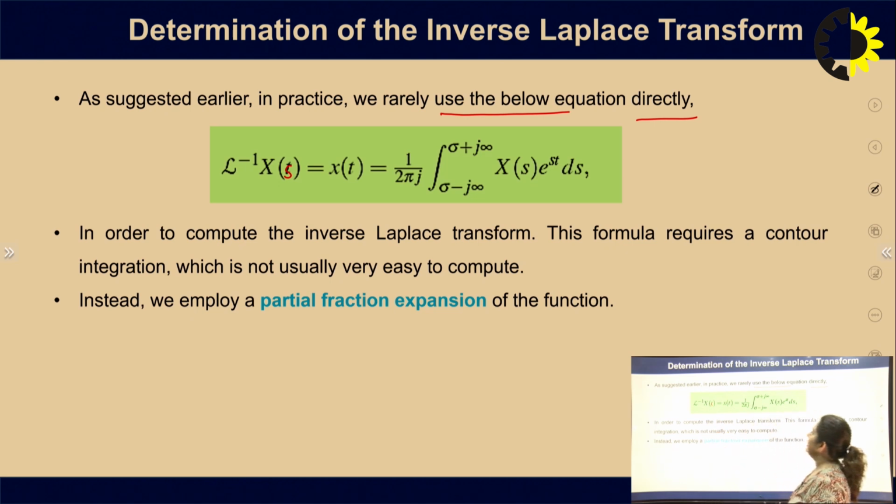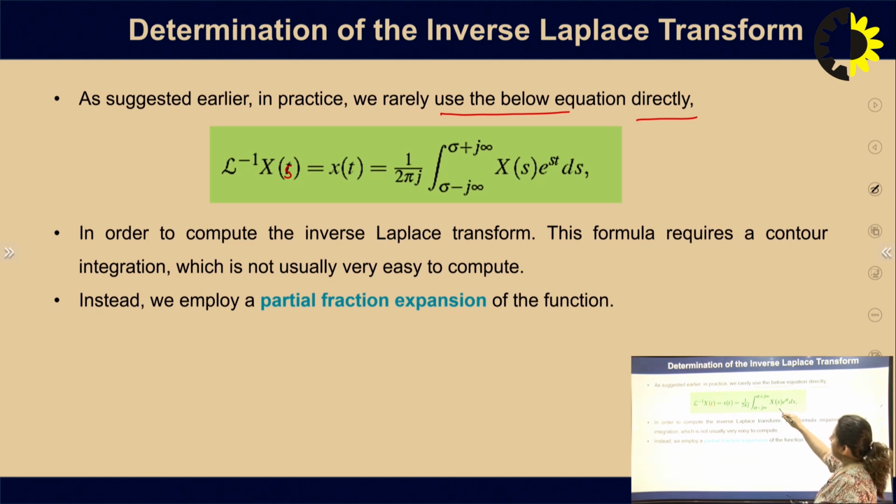x(t) is equivalent to 1 upon 2 pi j integration over minus infinity to infinity, but when you go from Fourier to Laplace, you will get this expression, that is sigma minus j infinity to sigma plus j infinity X(s) e to the power st ds.